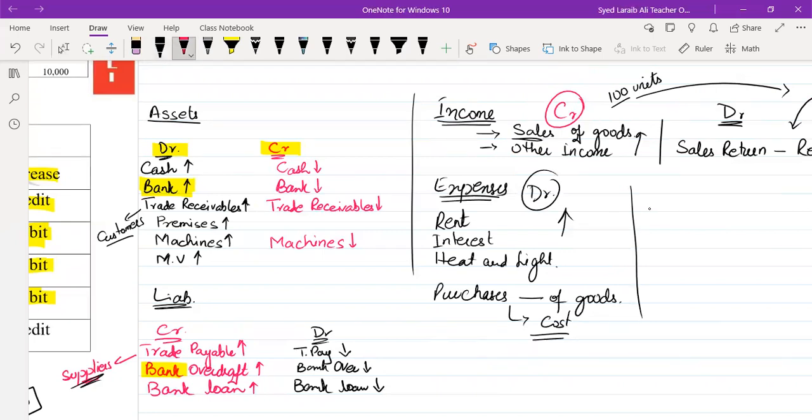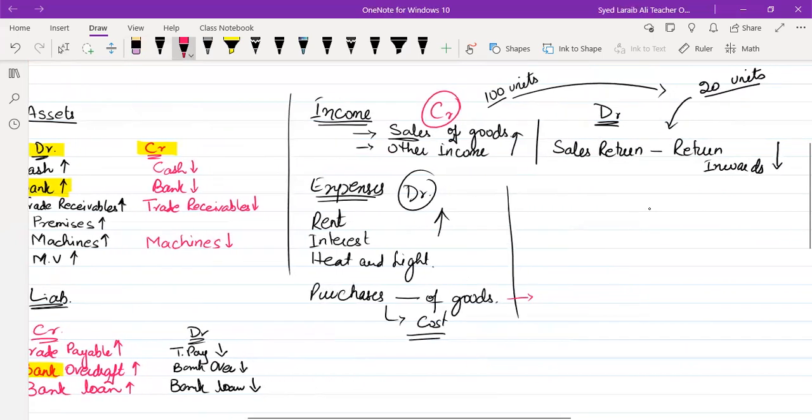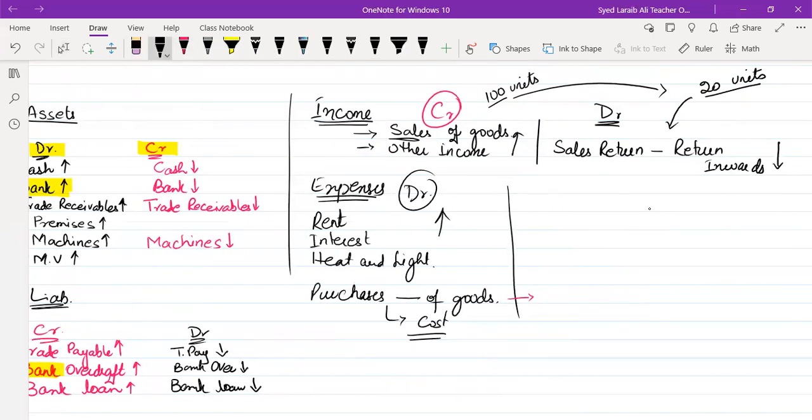However, one expense can decrease. For example, when we purchase goods on credit, it increases our expense. But when we find some products faulty, we can return those products back to the supplier. That is known as purchase return.